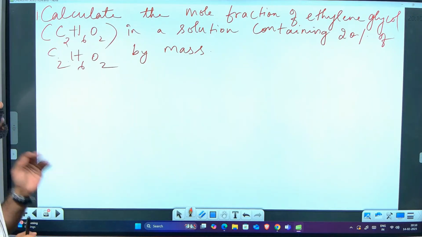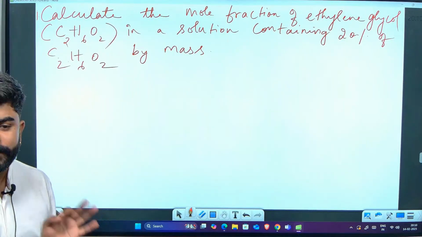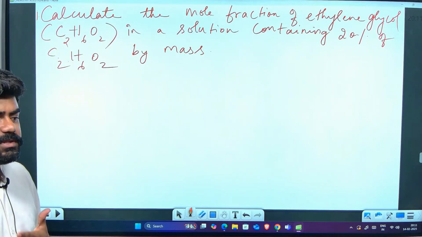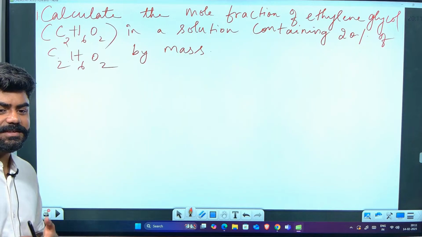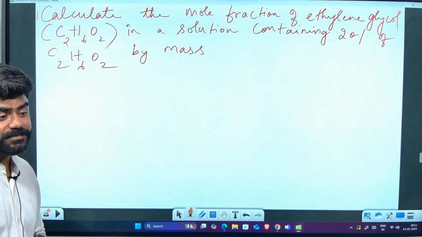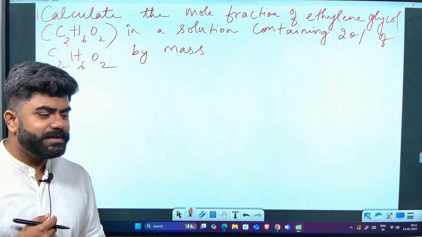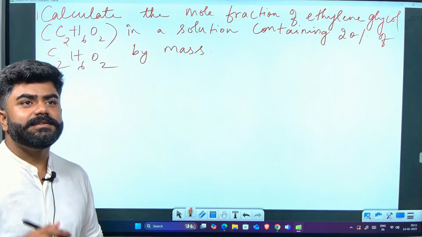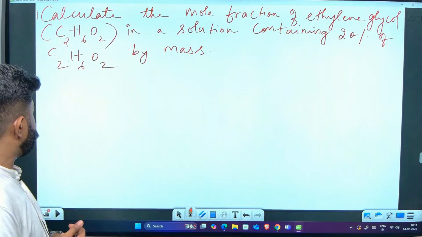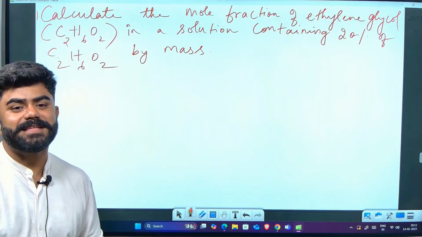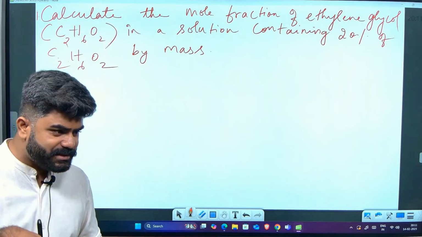The question says you have to calculate the mole fraction of ethylene glycol. What kind of compound is ethylene glycol? Organic compound. What family? Aldehyde? It's not an alkene. Alcohol. The name itself says so, right? Glycols.